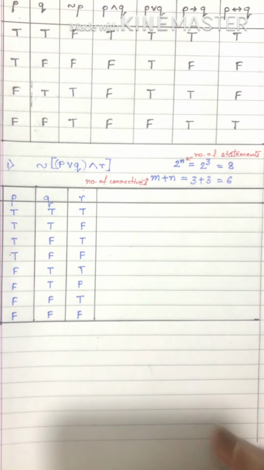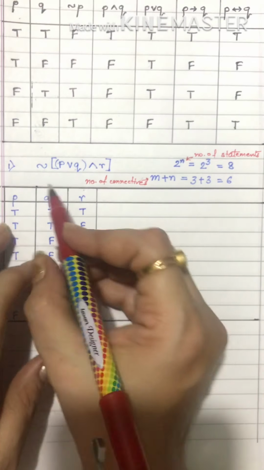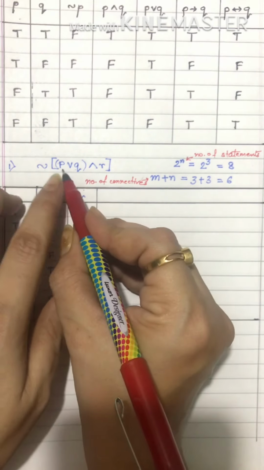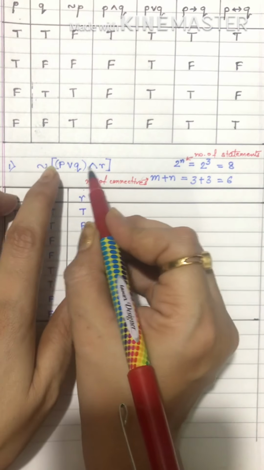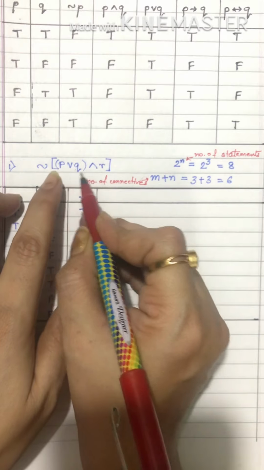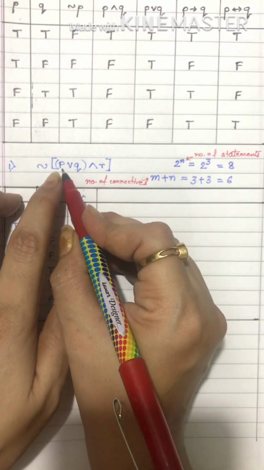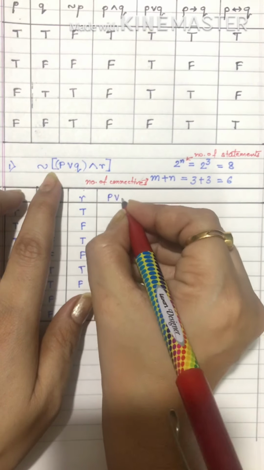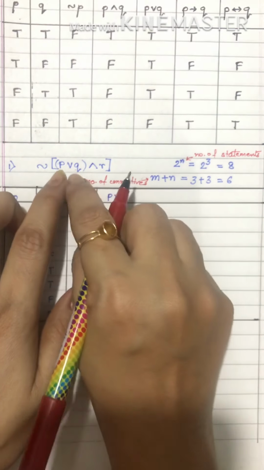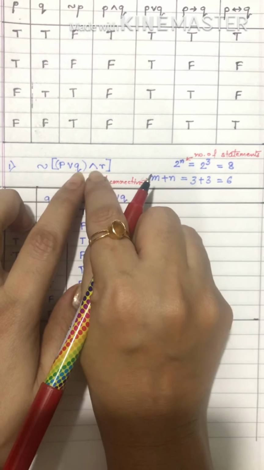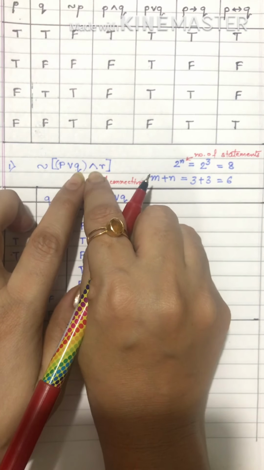Now how do we understand what columns are needed? Now see, we have in the question a negation of the whole thing written inside the bracket. So we need to solve what is given inside the bracket first. We will take P or Q. So that will be my next column, P or Q. I will get a value for this, which I will compare with R, with and as the connective.